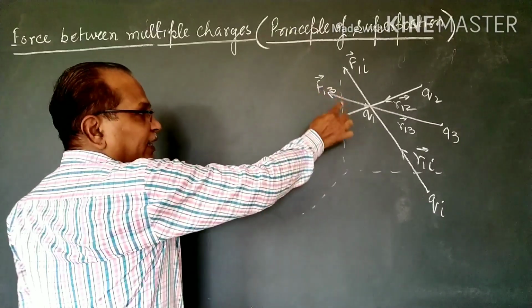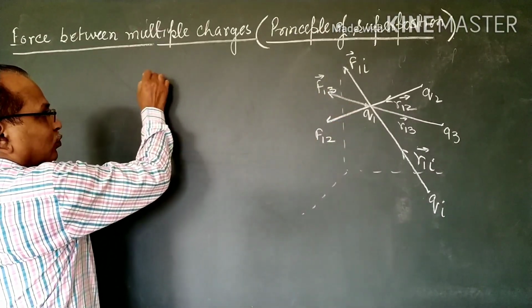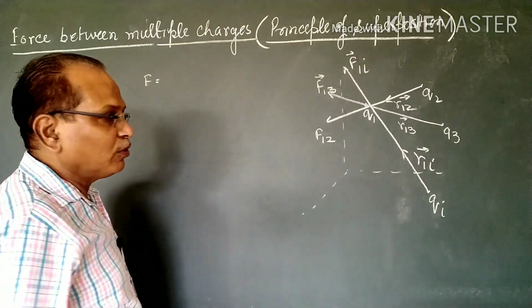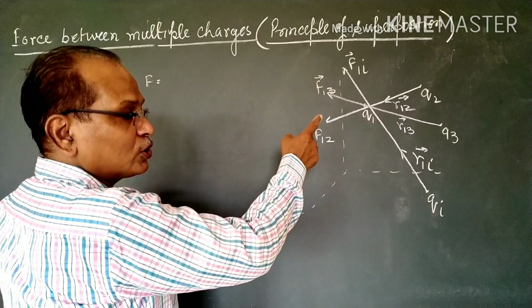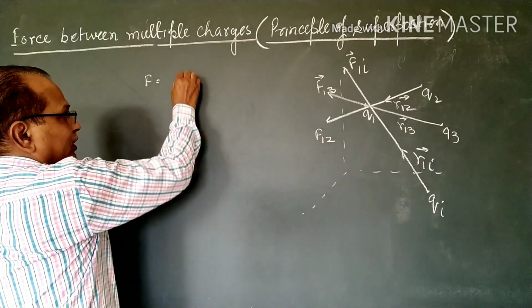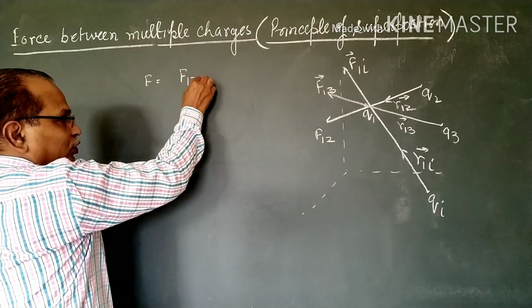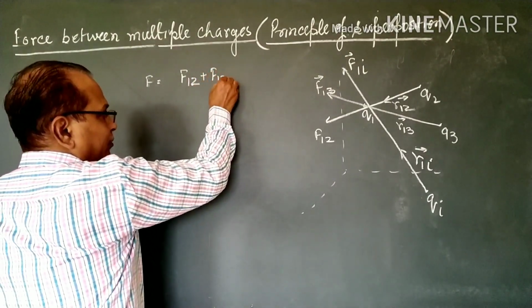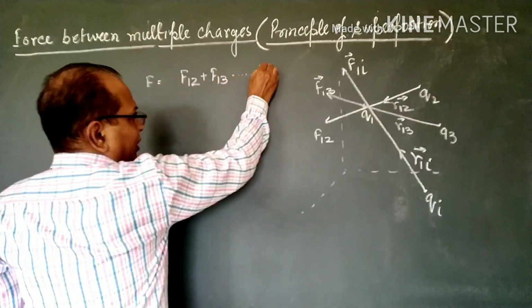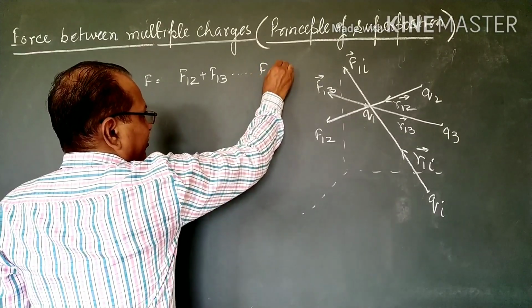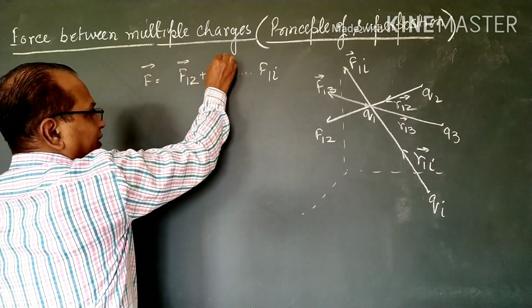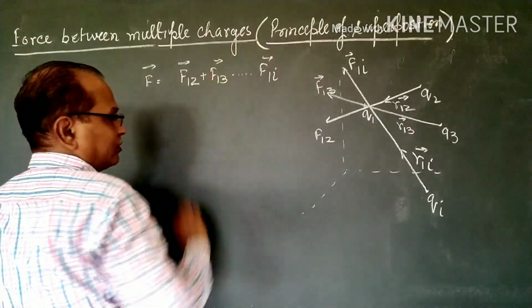So, net force on any charge F is the vector sum of all the forces on that charge. Here it will be represented as F12 plus F13 and F1i. So, the net force is the vector sum of all the forces.